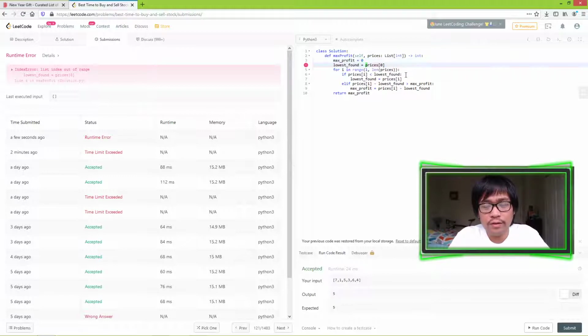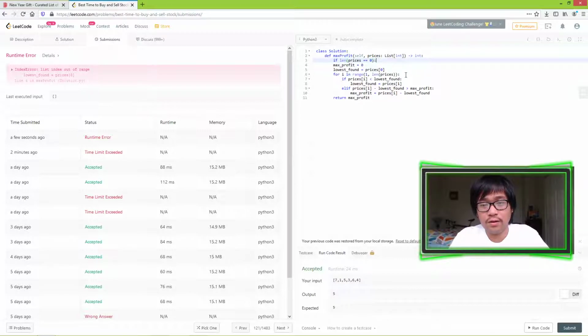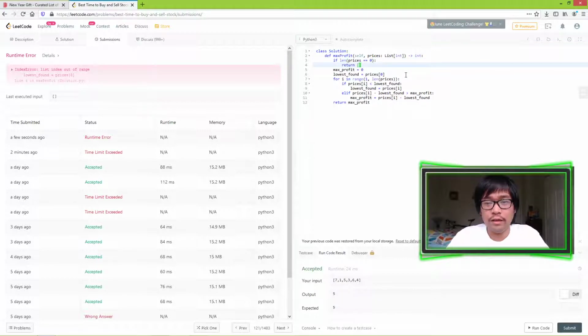How would we do that? Lowest found. If there's no element, I guess we can just return, if length of prices is equal to 0, right? We can just return an empty element, I guess.